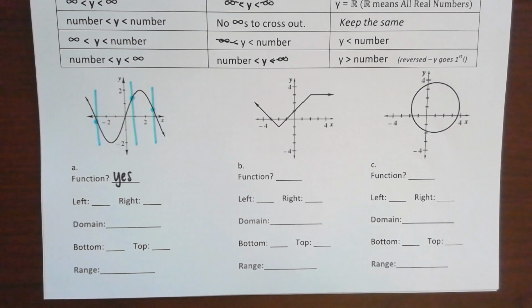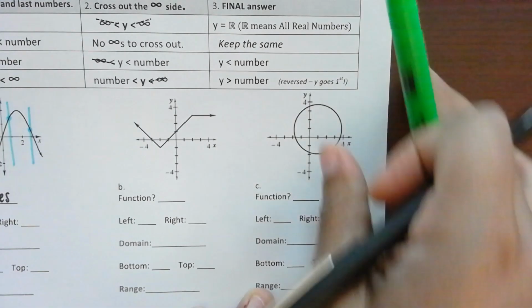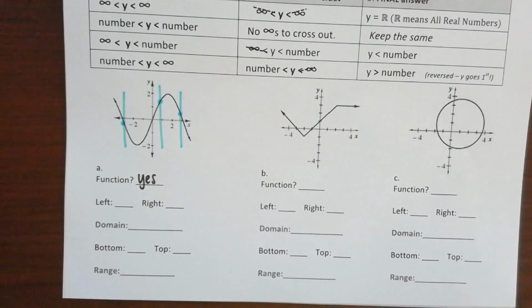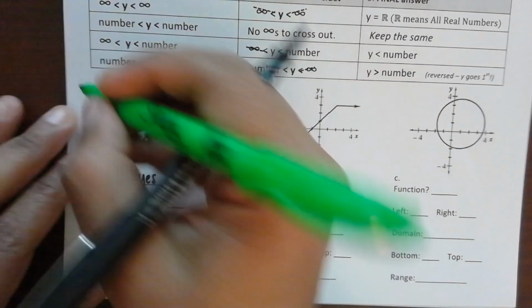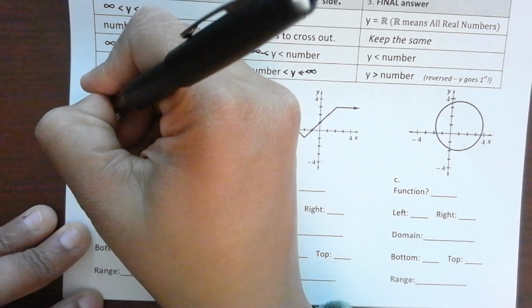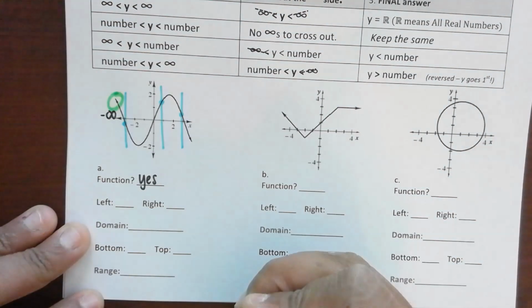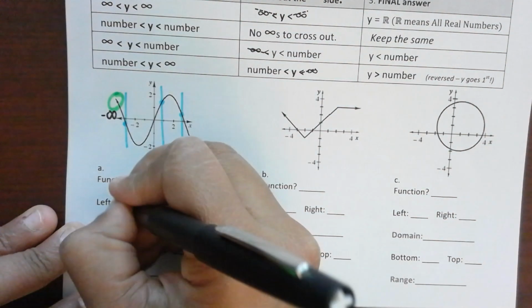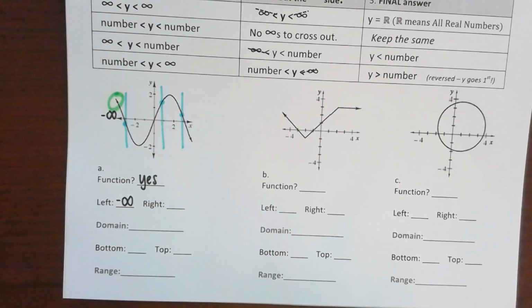Leftmost value is what? What's there that you're not making note of? An arrow. An arrow pointing where? Left. Towards what? Negative infinity. So what's my leftmost value? What is my rightmost value?